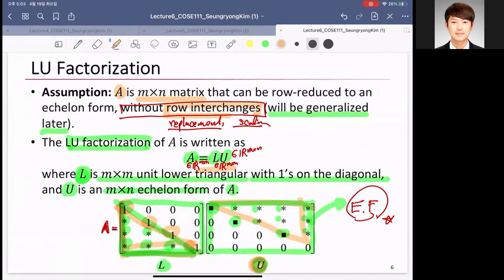L is an m by m lower triangular matrix with 1s on the diagonal, looks like this. And U is the m by n echelon form of the matrix A. So we already know this U is an echelon form. So LU factorization is highly related to row reduction. Okay, we'll talk about this later.